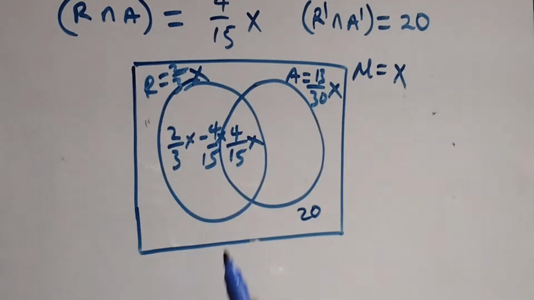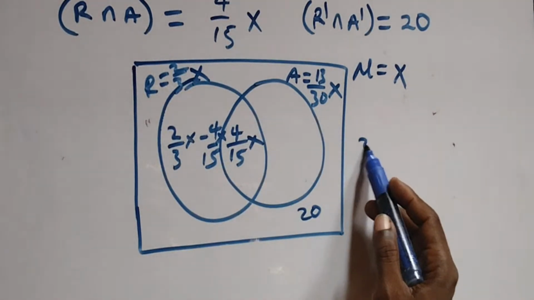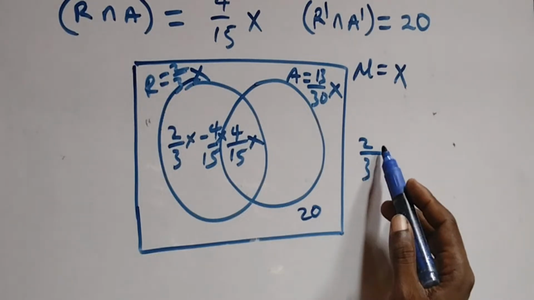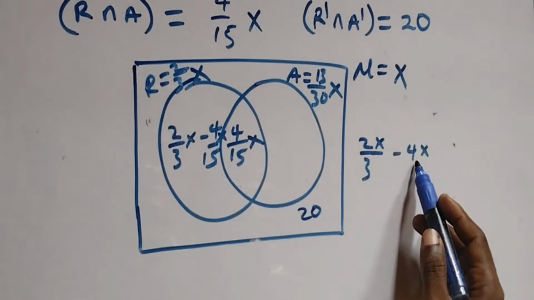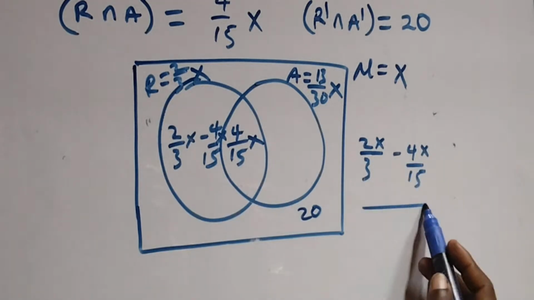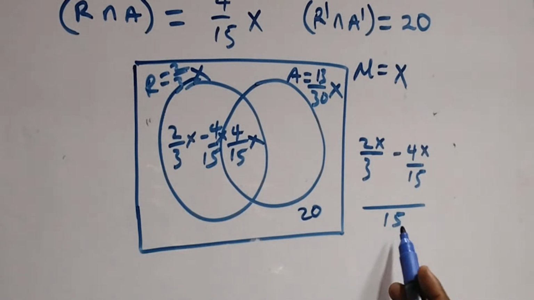So what's the fraction here now? When we solve that fraction, that gives us 2 over 3x minus 4x over 15. LCM is 15. Try to bring it together.